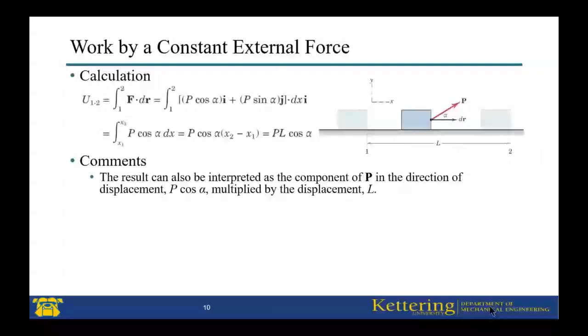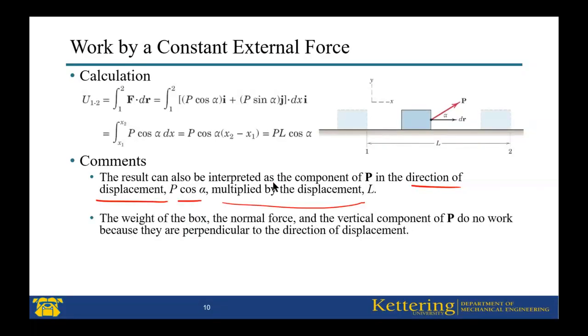I just mentioned that the result can be interpreted. The component of the P in the direction of the displacement, which is P cosine alpha, is multiplied by displacement. This is the work.